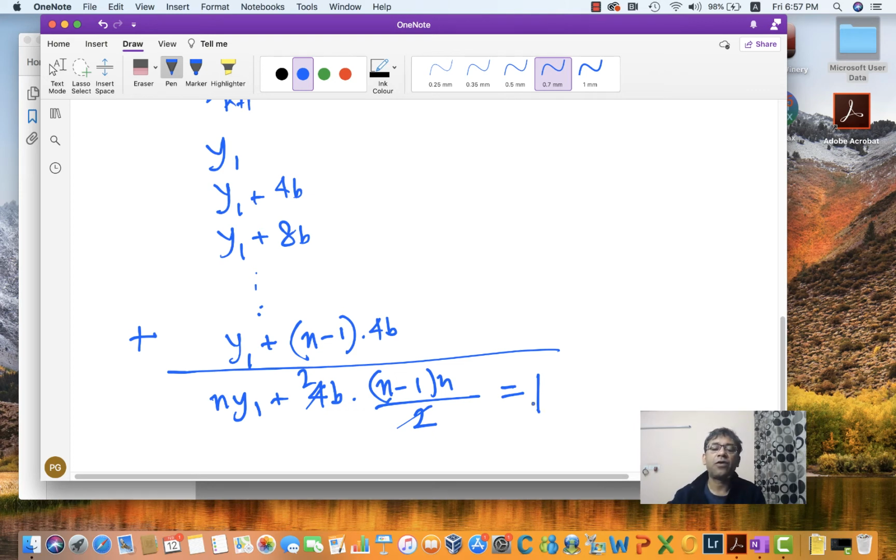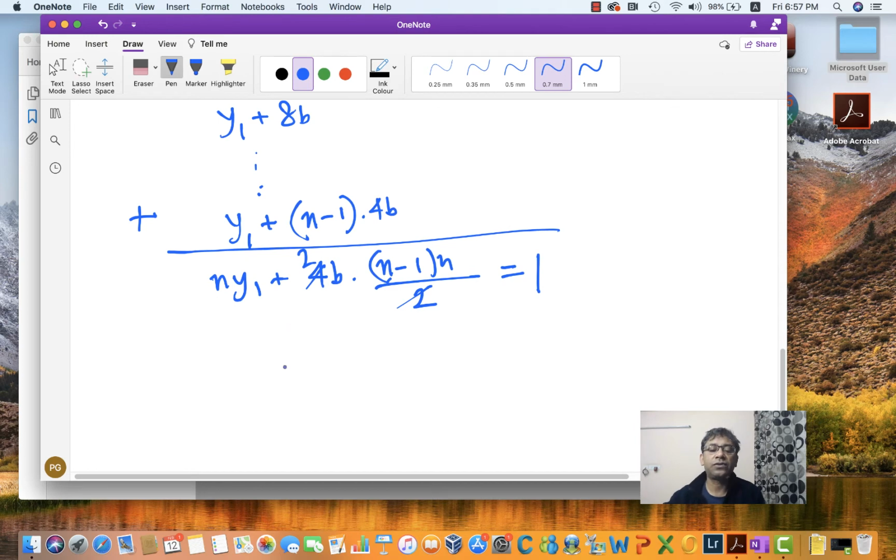Okay. From this, we can solve for y1. So y1 equals 1 minus 2b n minus 1 divided by n.